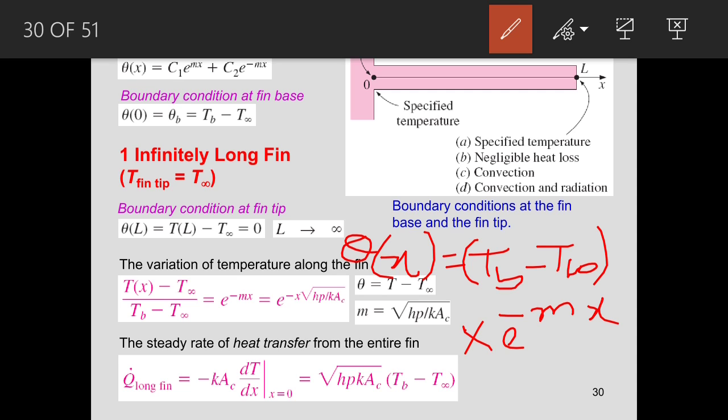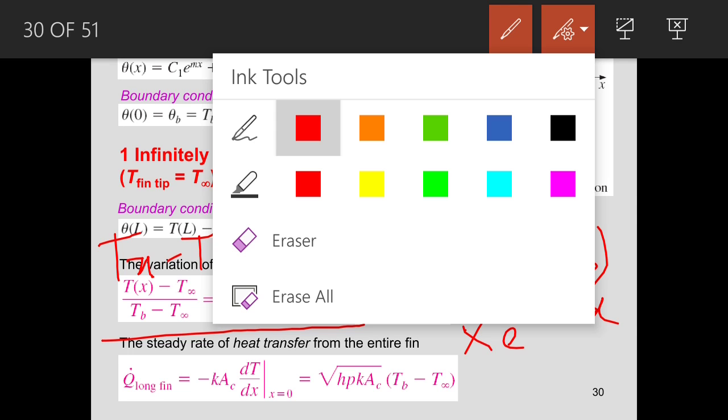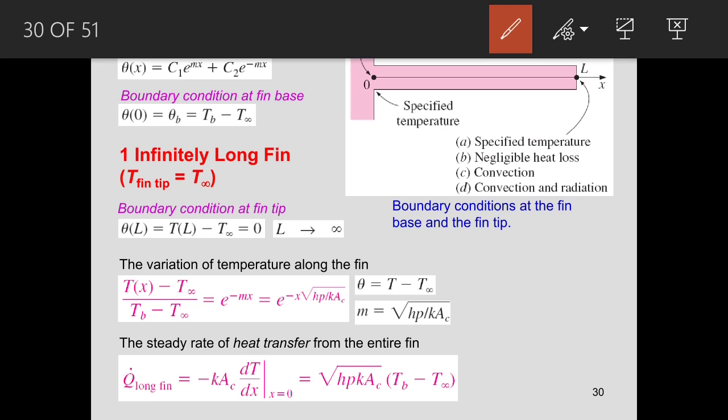So from that formula, T of x minus T infinity divided by Tb minus T infinity is equal to e raised to minus mx. Here theta is T minus T infinity, as already discussed, and m is equal to the square root of hP divided by kAc. That means m squared is equal to hP divided by kAc.